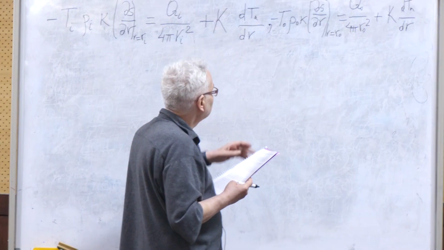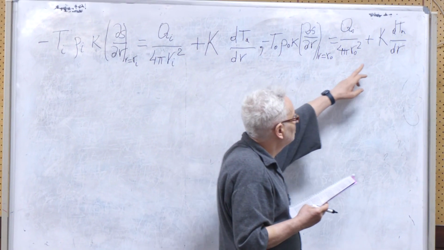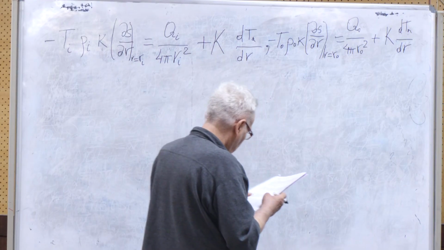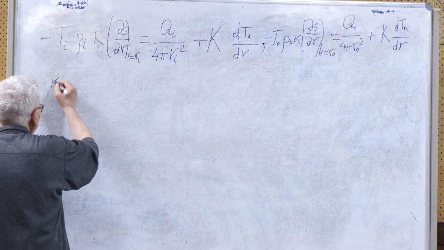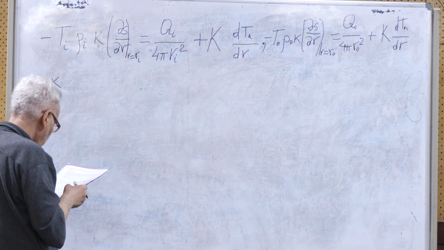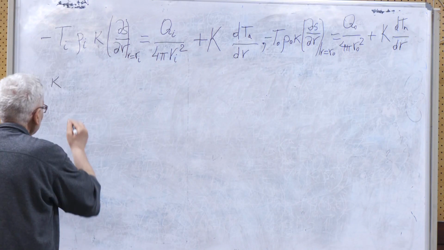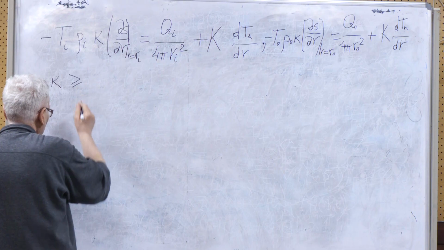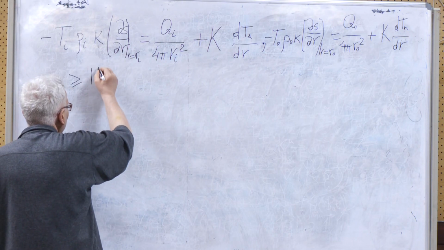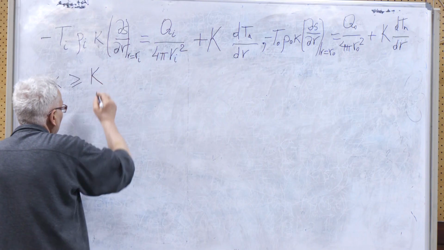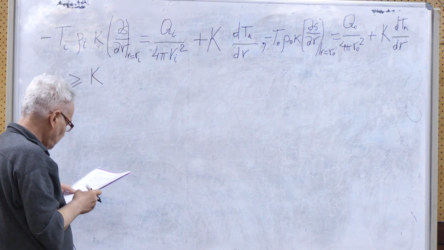Nevertheless, here there is some relation between these two transfer coefficients. The kinematic transfer coefficient, which we denote by the small k, is usually greater or equal to the dynamic transfer coefficient. Actually, it's another coefficient.